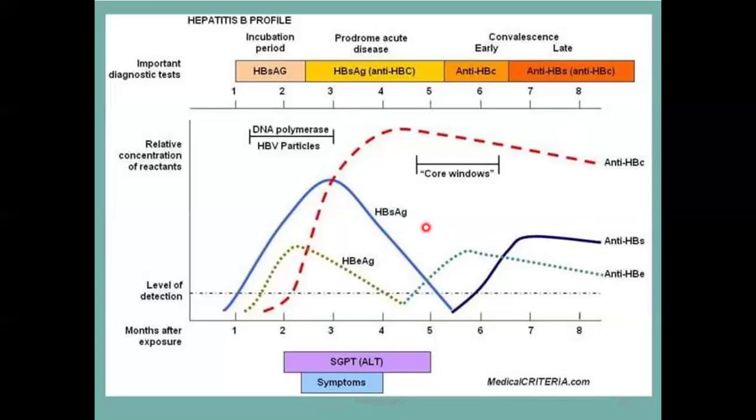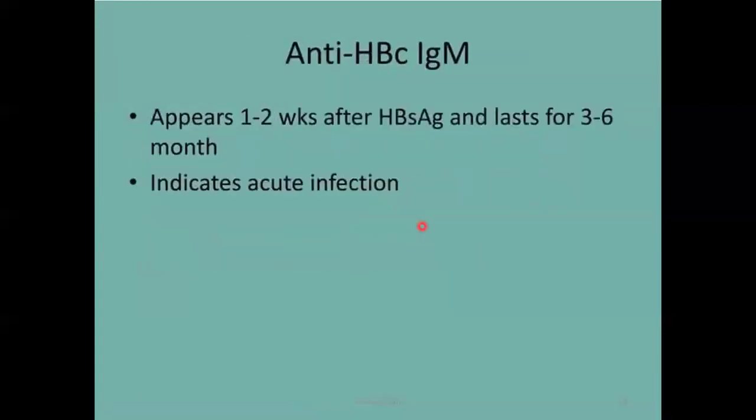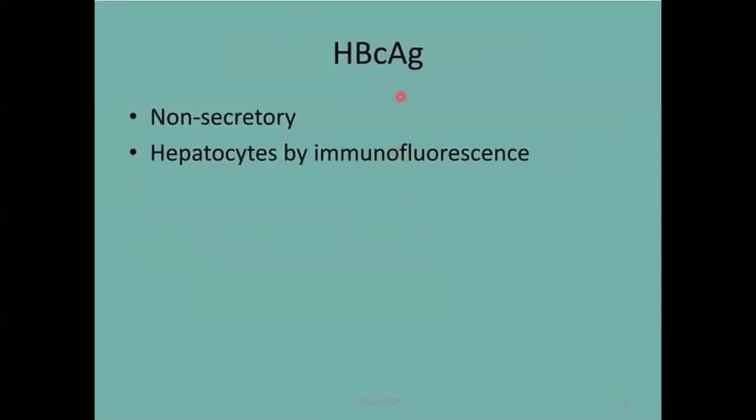Okay. So before we start with this, let me start with this. Hepatitis B core antigen, you will never see this as a marker. This is because we cannot detect this in plasma. So anytime you see an MCQ or a question where they're saying HBc antigen, just know that is false.